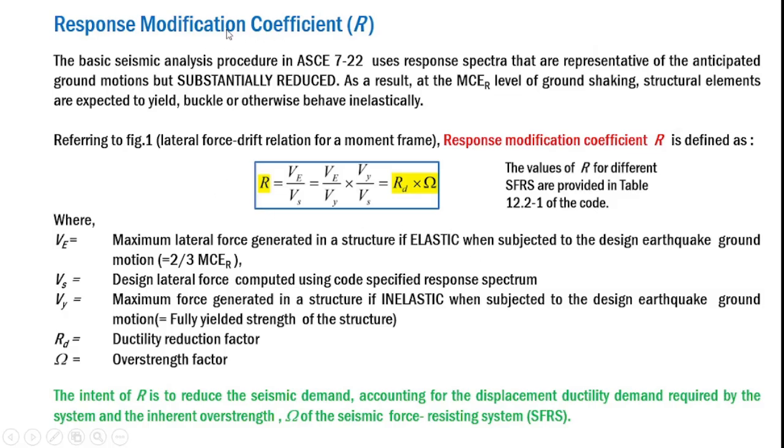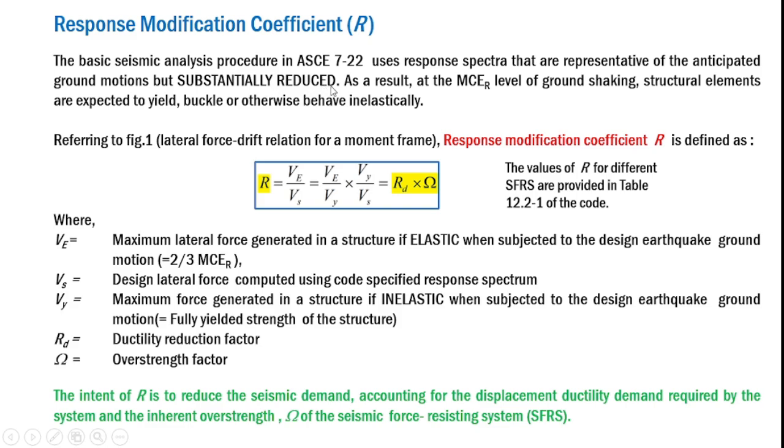Before explaining the response modification coefficient capital R, I would like to say that the basic seismic analysis procedure adopted in ASCE 7-22 uses a response spectrum, and we know that this spectrum is representative of the ground motions expected at the site, but it is substantially reduced.